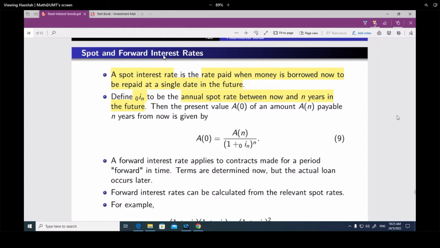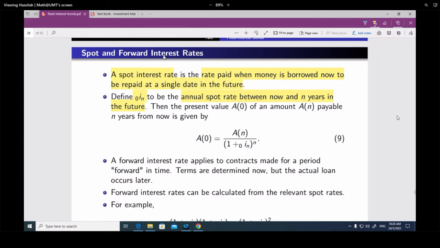Accumulated value. Okay, kita belajar amount adalah future value ataupun accumulated value. Clearly daripada segmen di sini, AN is amount payable n years from now, dibayar n tahun kemudian. Jumlah yang dibayar n tahun kemudian.